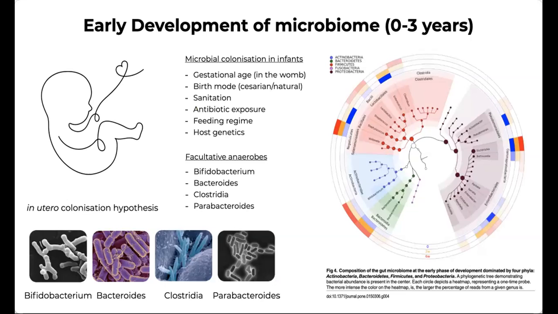And it turns out that what plays a critical role in the early stages of the establishment of the microbiome are multifaceted factors, right? These factors could include the food habits of the mother, because during the development of the infant in the first 3 years is when their microbiome gets established.